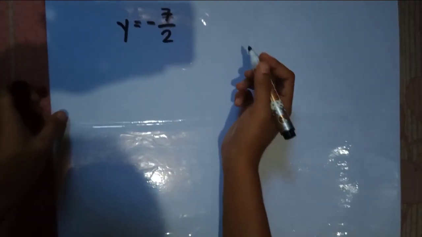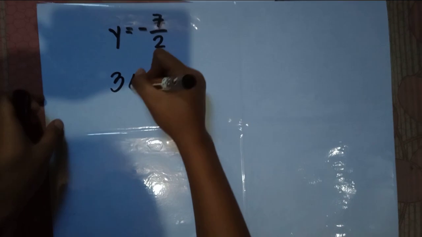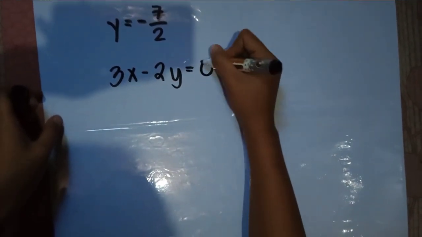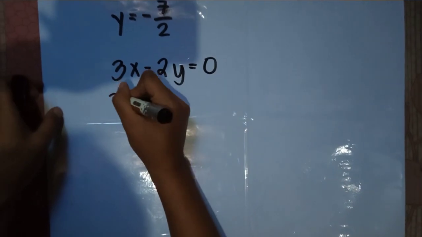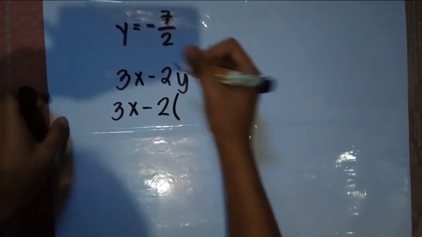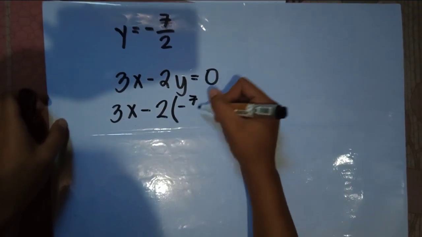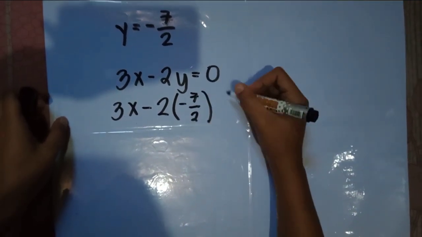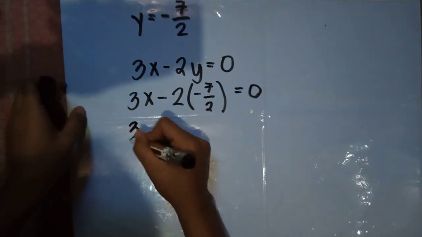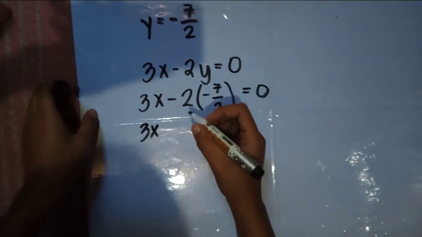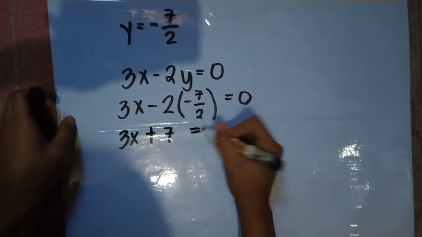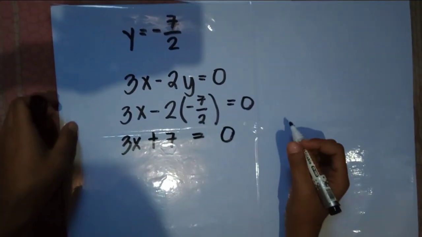Our equation 1 is 3x minus 2y equals 0. 3x minus 2 times y, which is negative 7 halves, equals 0. 3x minus 2 times negative 7 halves is equal to positive 7, so 3x plus 7 equals 0.